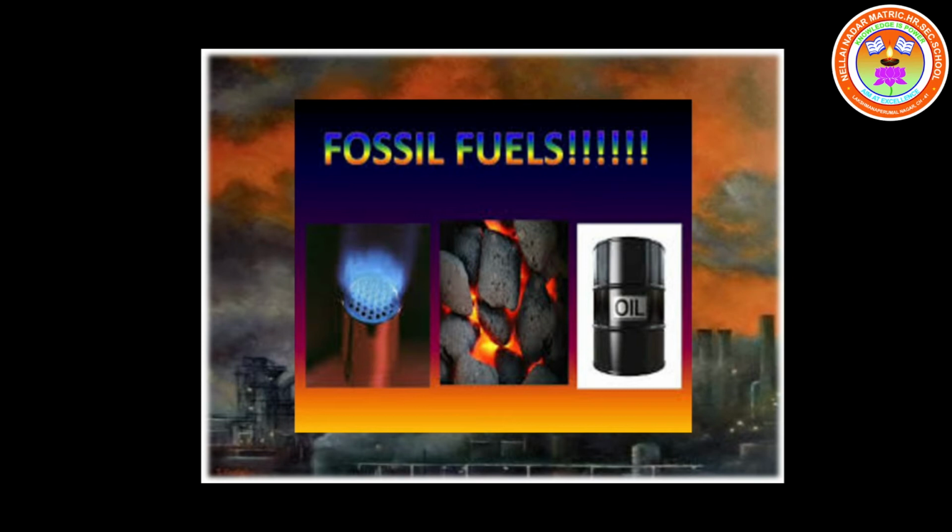Examples are oil, petrol, coal and natural gas. These fossil fuels are used in factories, that is industries, power plants and motor vehicles.